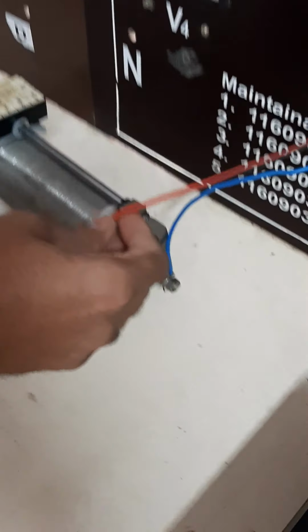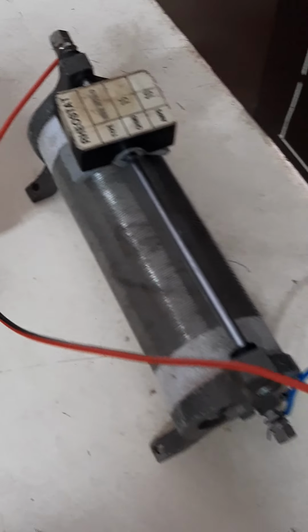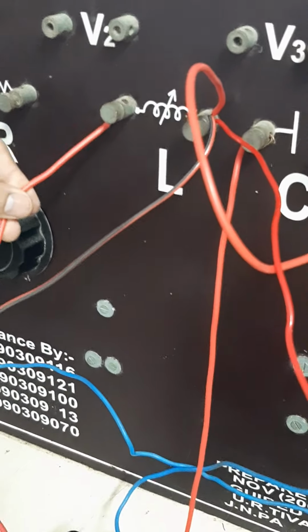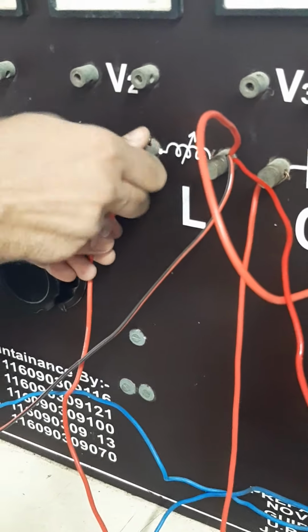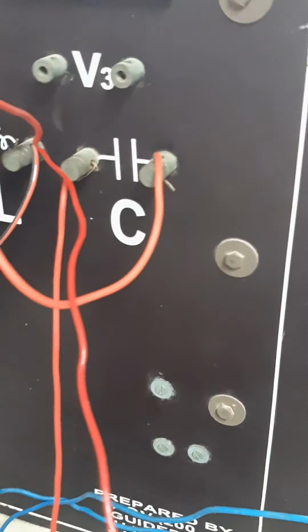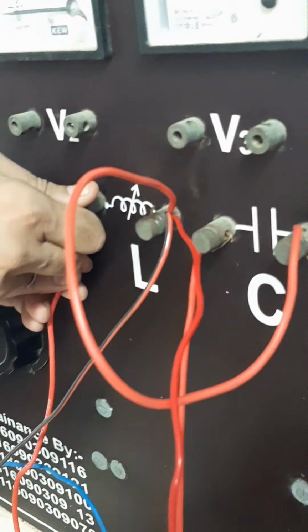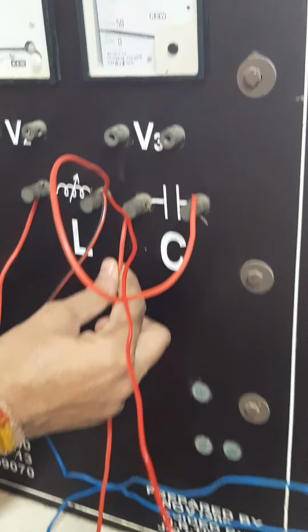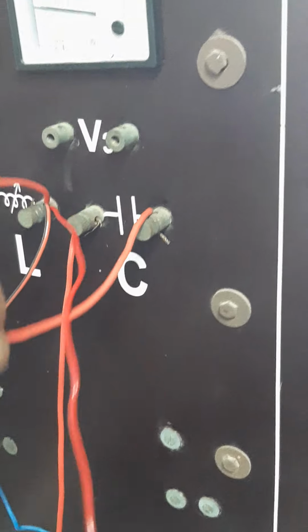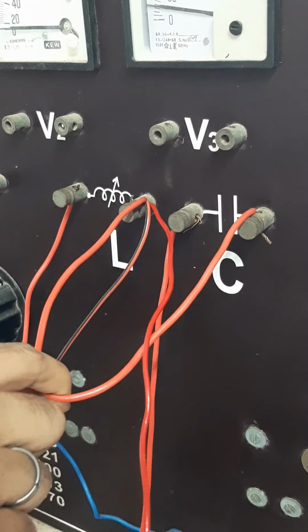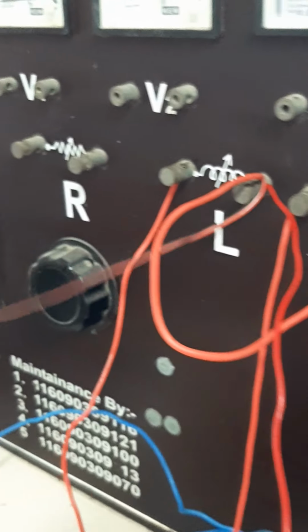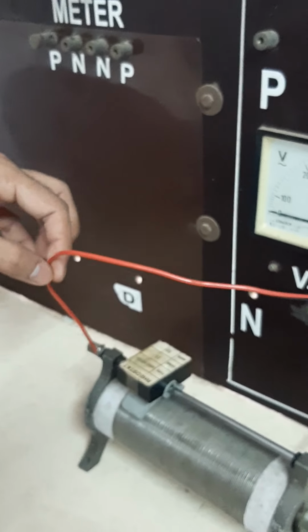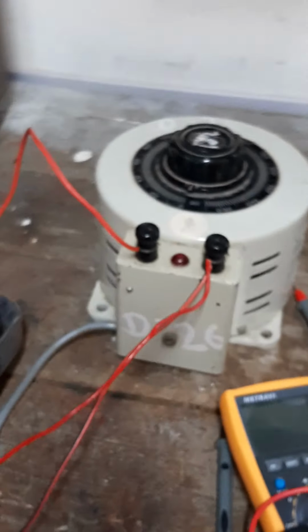Second, the second ammeter's output is given to the inductor L, and the third ammeter's output is given to the capacitor C. L and C are shorted, and this shorting point is returned to the resistance, and one point of the resistance is connected back to the supply.